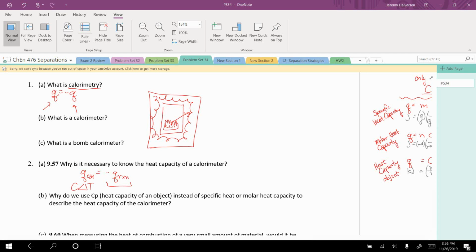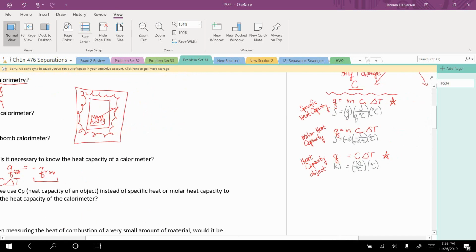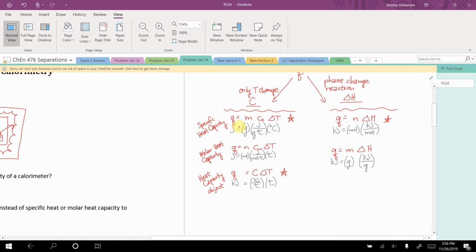Cool. All right. Why do we use the heat capacity, Cp, instead of the specific heat or molar heat capacity to describe the heat capacity of the calorimeter? That goes back to what we're talking about over here. Specific heat is per gram, molar heat capacity is per mole, and just normal heat capacity is just kilojoules per degree Celsius. Why?